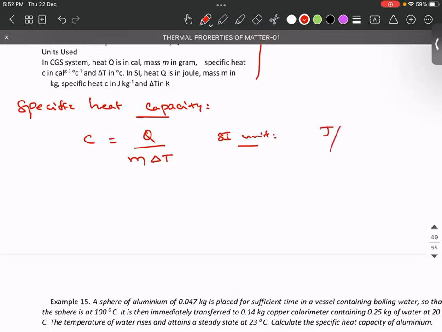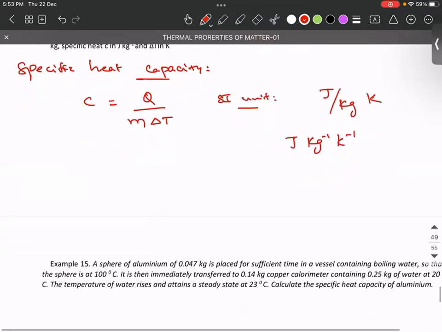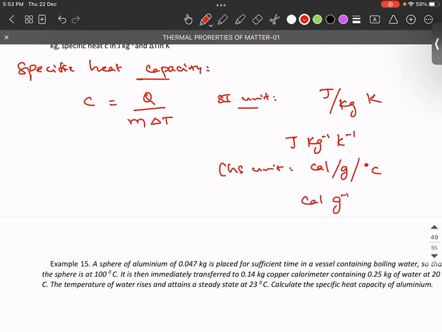It will be joule per kilogram per Kelvin, which is J kg^-1 K^-1. So what is going to be the CGS unit of it? The CGS unit will be calorie per gram per degree Celsius, or cal g^-1 °C^-1.